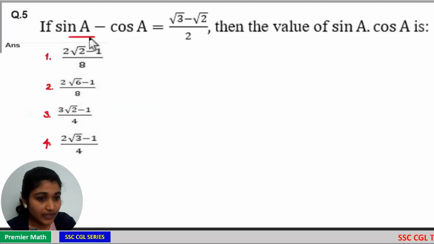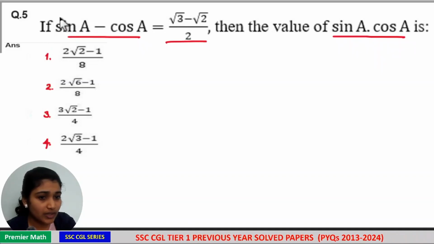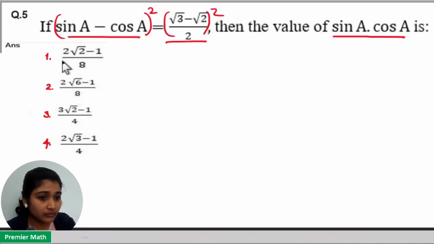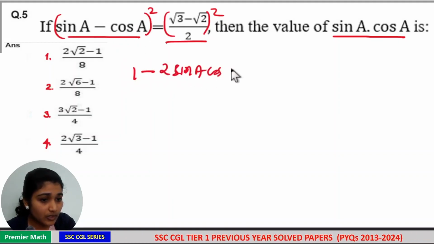If sin A minus cos A is equal to root 3 minus root 2 by 2, then the value of sin A cos A is equal to. Here, if you take the square of this expression, then sin square A plus cos square A become 1 minus 2 sin A cos A, which is equal to the square of the right hand side.